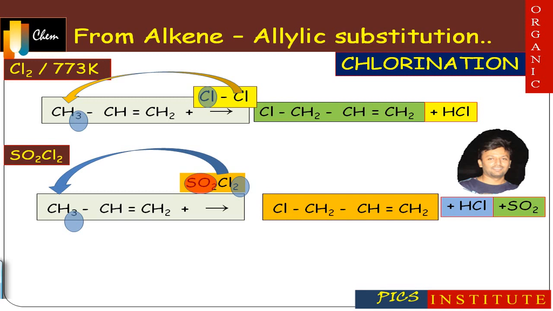Out of these two methods, the method of SO2Cl2 is preferable because the byproducts formed during this reaction, that is HCl and SO2, are gaseous and are removed from reaction mixture by evaporation. Hence, we get pure allyl halide.